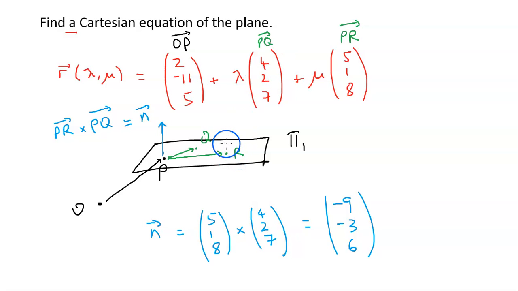And then finally, note that if (x, y, z) is any arbitrary point in the plane, then the vector that goes from P to the point (x, y, z), dotted with the vector n, is equal to 0.